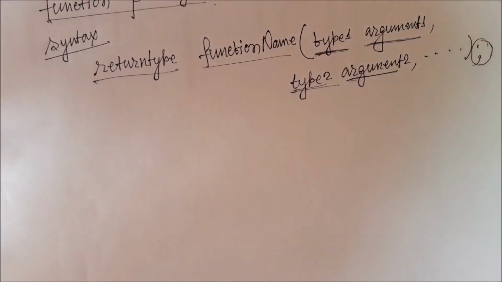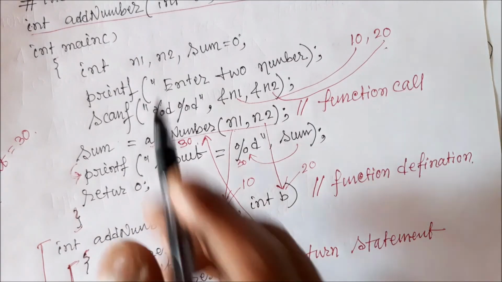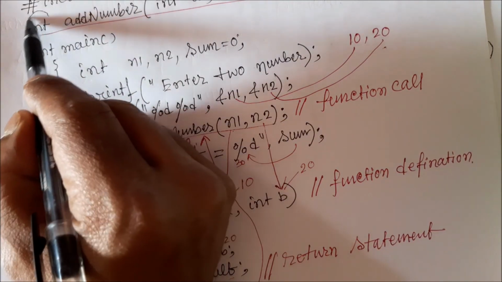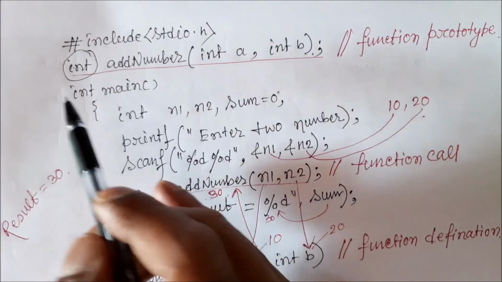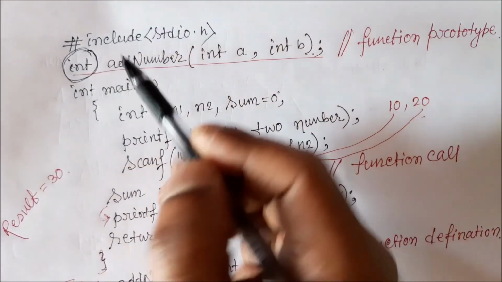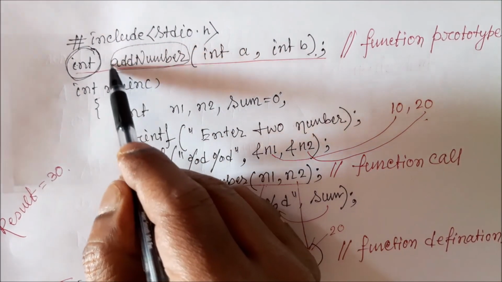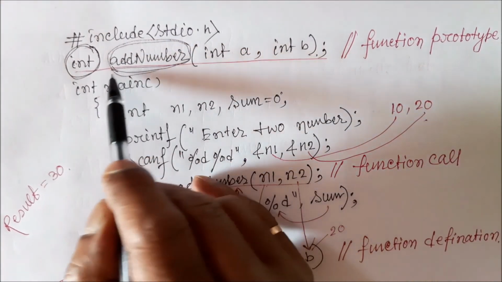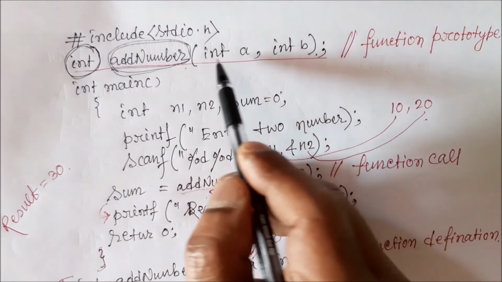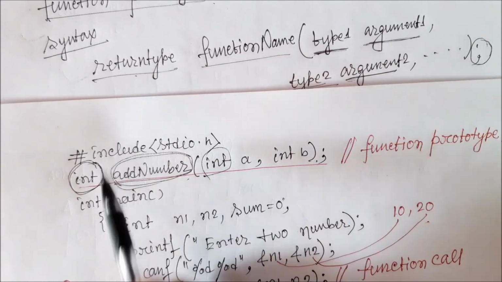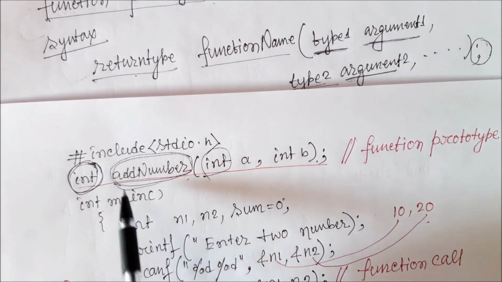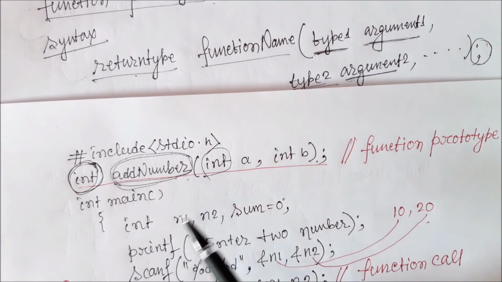So, look at the example here. This is my return type of a function, and this is the name of the function. So, what is the name of this function? Add number, and this is the first type. Compare with this one, this is my return type. That means, if I call this function, the function will return an integer value to the calling function.